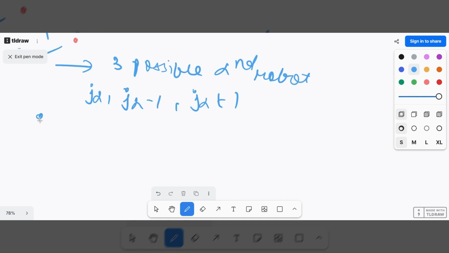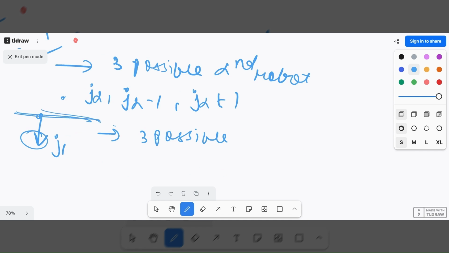Similarly, if this robot is moving to J1 only, it's moving to another row but the same column, then also there are three possible conditions for the second robot to move from any position. It could be in any position at this point, something i, j2, where the row will be the same but the column will be different.